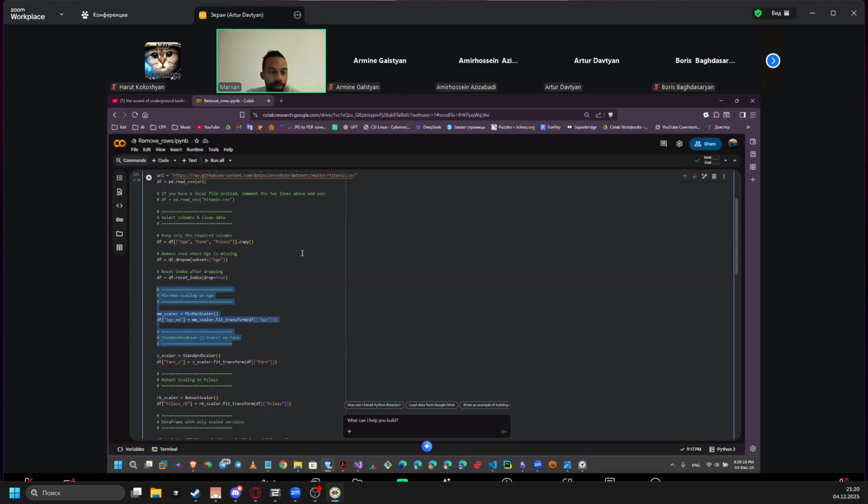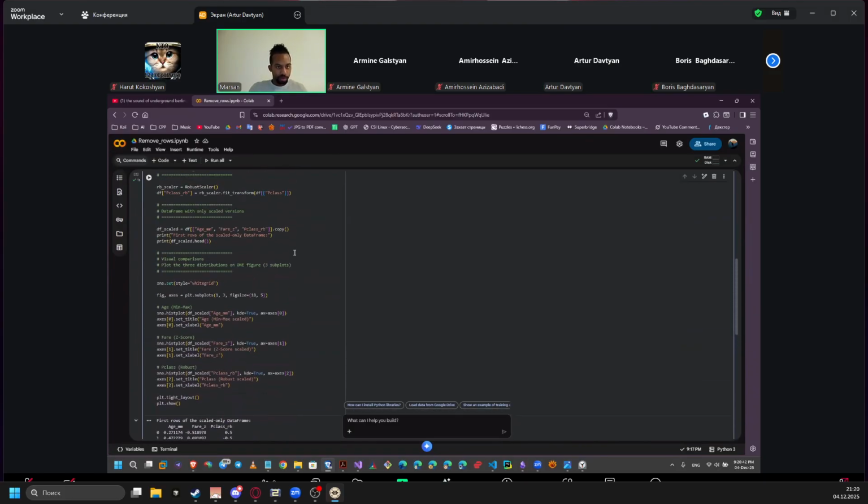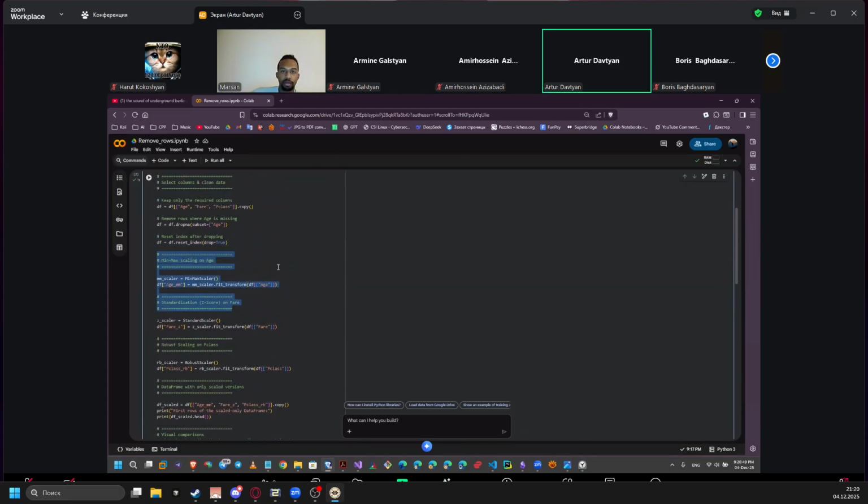Because you're talking about your solution, right? The min-max one. Yes, the min-max curve, the first graph that you have. So this one.